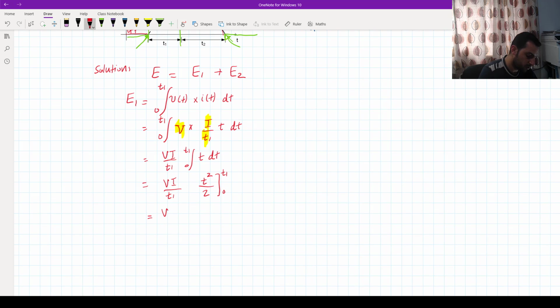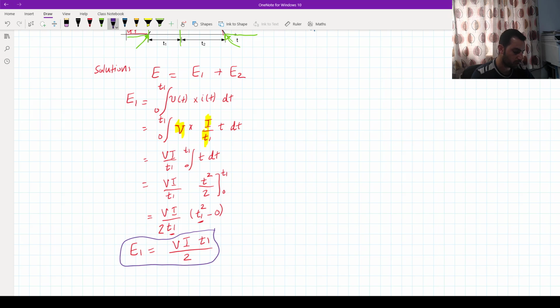The integration for this one is T1 squared minus 0, divided by 2. And we have T1 here and T1 there, so we can get rid of one. So energy 1 during the first transition has this equation, okay?